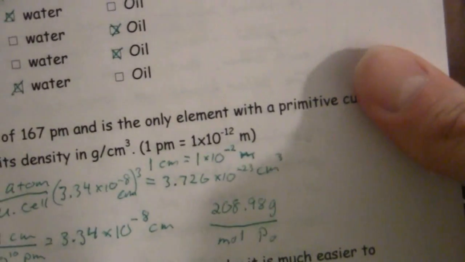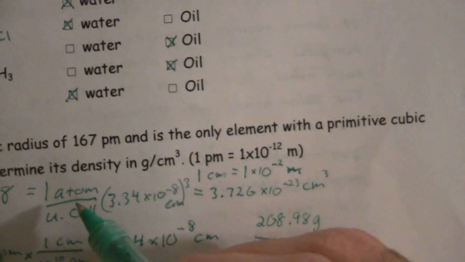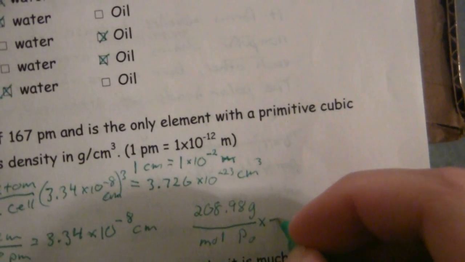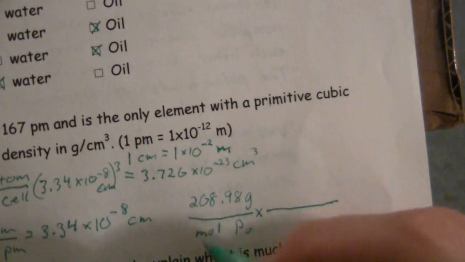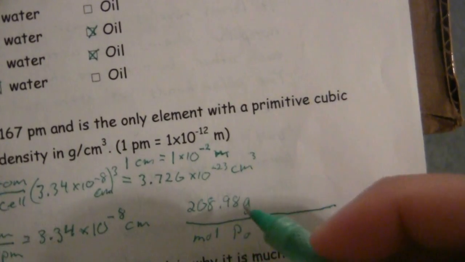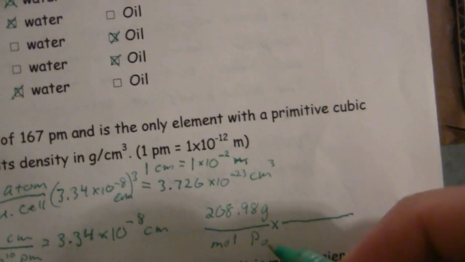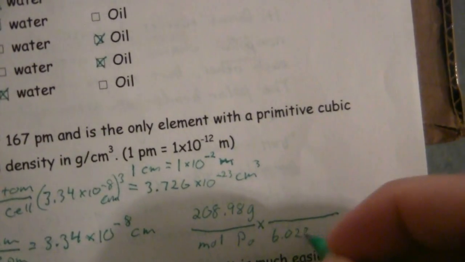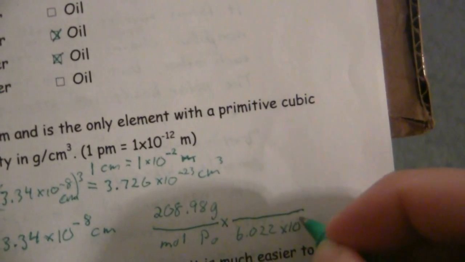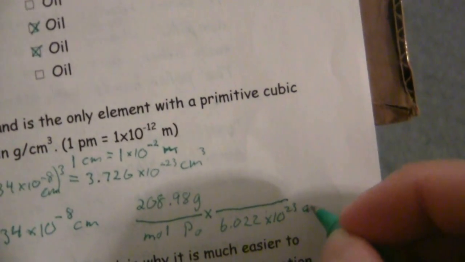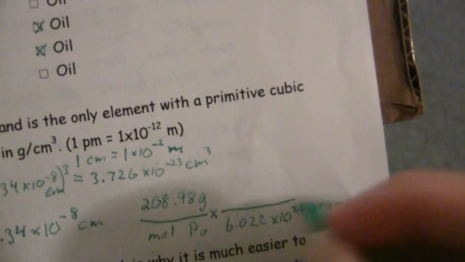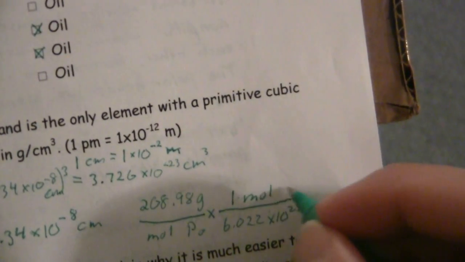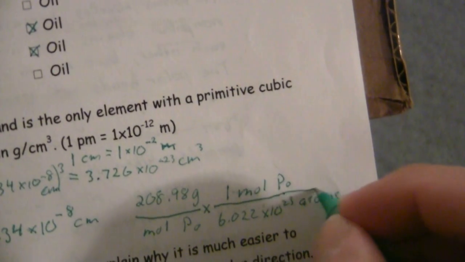But I only have a single atom. So that means I need to divide this by Avogadro's number, because it's this many grams in a mole of polonium, but I only have one atom. So 6.022 times 10 to the 23rd atoms per mole, for every mole of polonium.